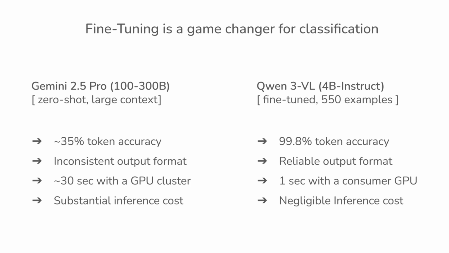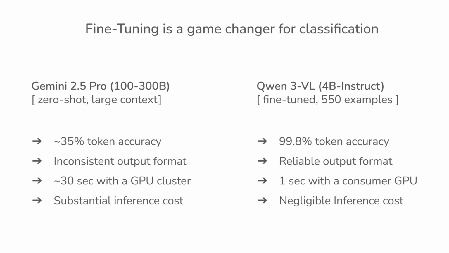With Qwen3-VL, a 4 billion instruct model, so not even a thinking model, fine-tuned with about 550 examples in total, I get a token accuracy of 99.8%. I get a very reliable output format. I still have to see an example where the output format was not consistent with what I trained it on. And I get a 1 second inference with a consumer GPU.